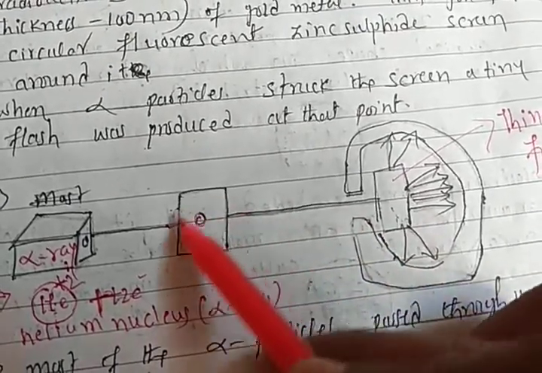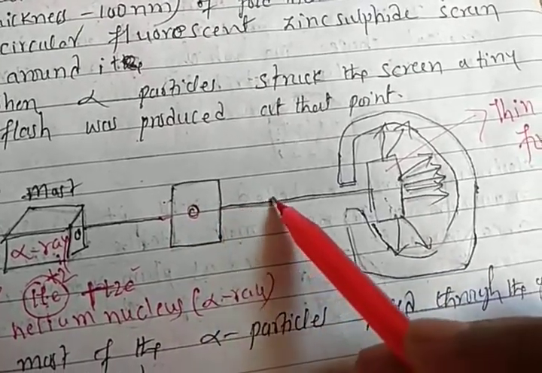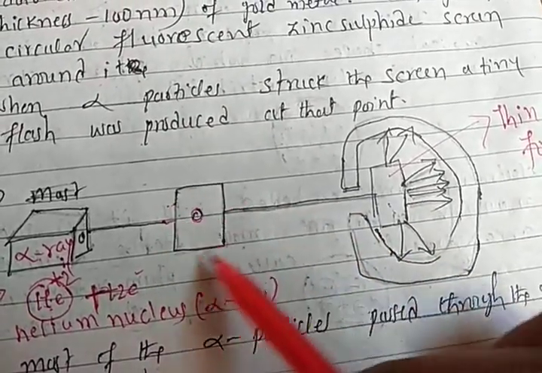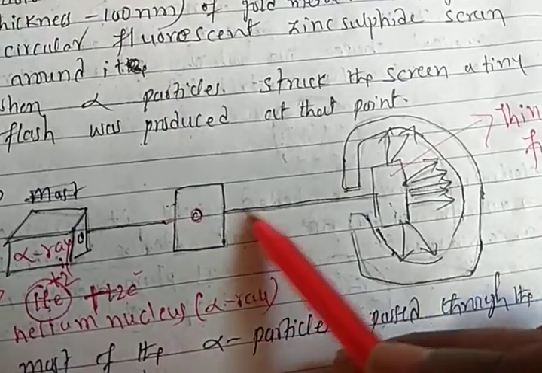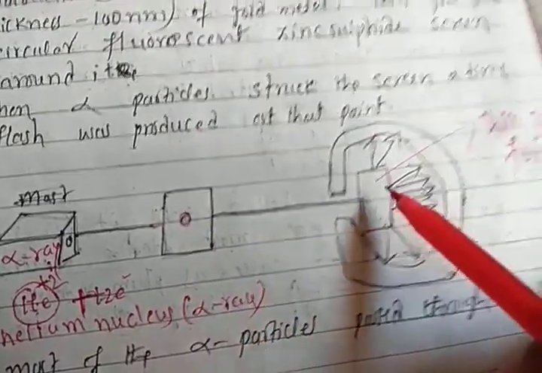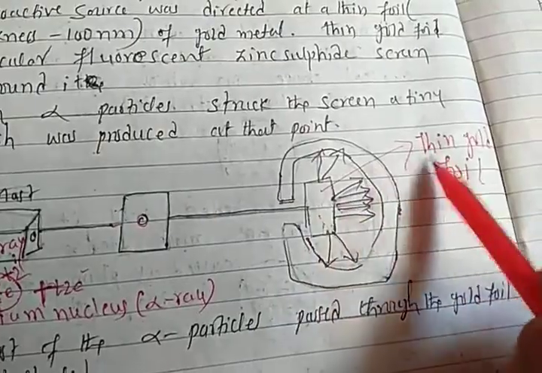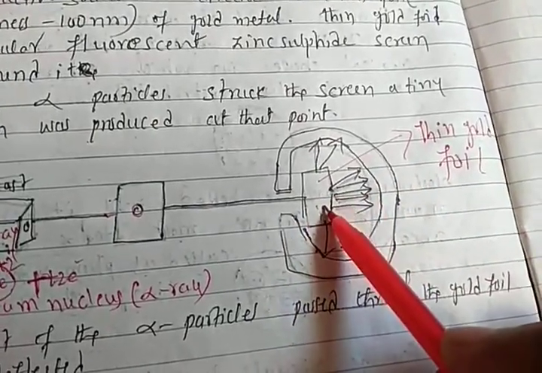That's why we keep the metal plate and the glass plate, and through the hole the beam enters and strikes the thin gold foil.